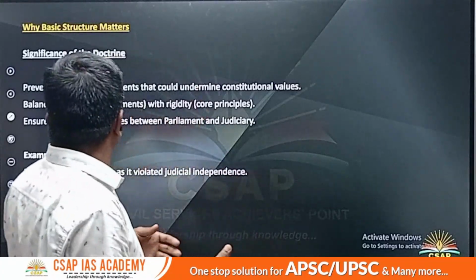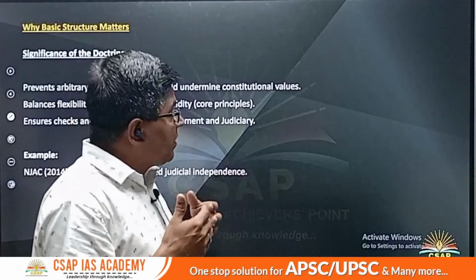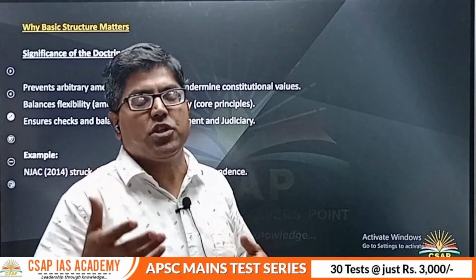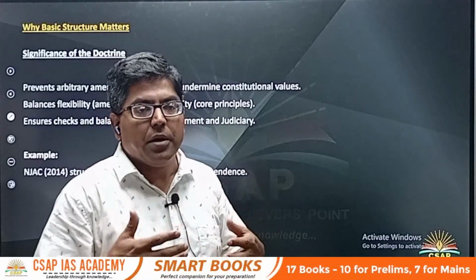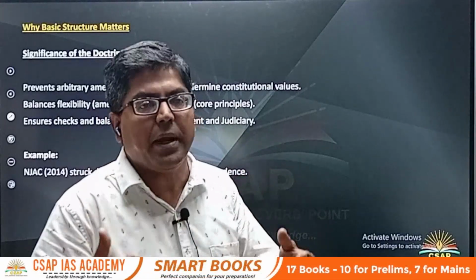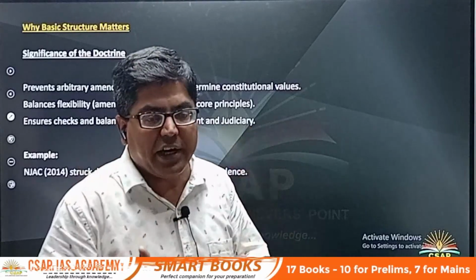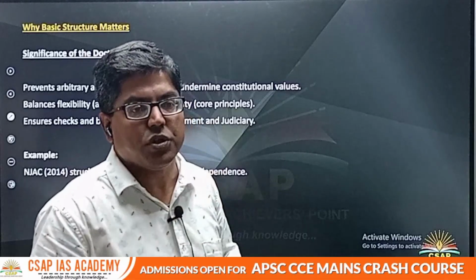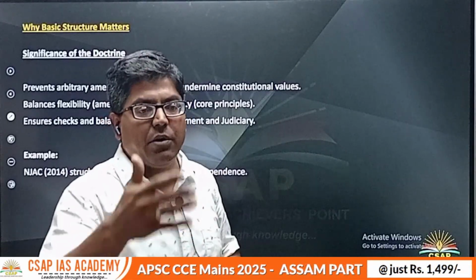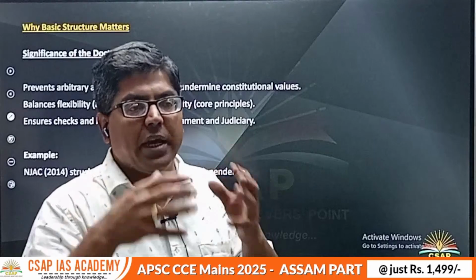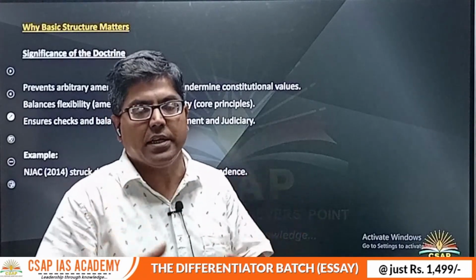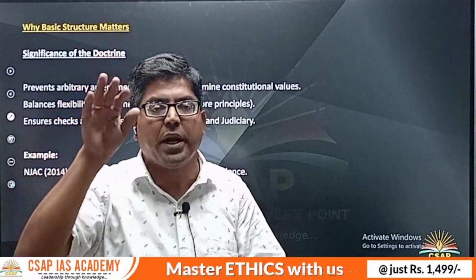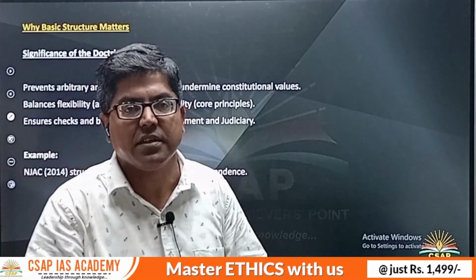Again, as we said, any government, no matter what type of majority it has, may tomorrow promulgate any laws that may be arbitrary, that may be against the spirit of the constitution. So how do you protect it? How do you ensure that those laws do not become a part of our governance? Because then that will not do justice, as the broader spirit of the constitution is to do justice, right.